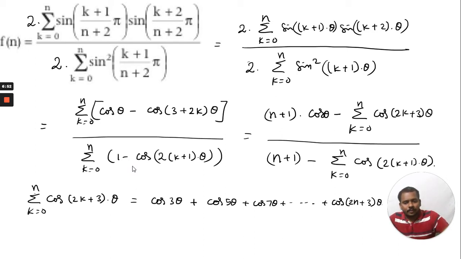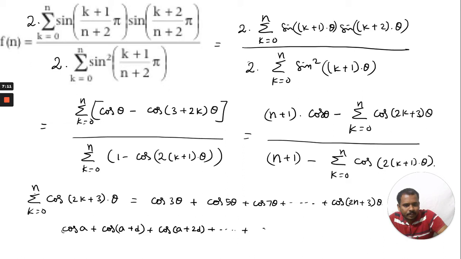So how does it look like? Doesn't it look like we have cos a plus cos (a plus d) plus cos (a plus 2d) and so on? Isn't it that? Yes, it is. So we know the formula for the sum of the cosines when the angle progresses arithmetically.